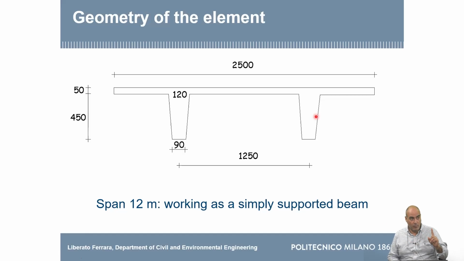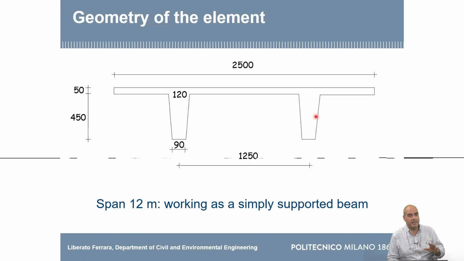And this one here is the exclusive responsibility of the precast structural designer. You will give this information to the designer, who will then take the element and design the structure. But this one is the responsibility of the precaster.